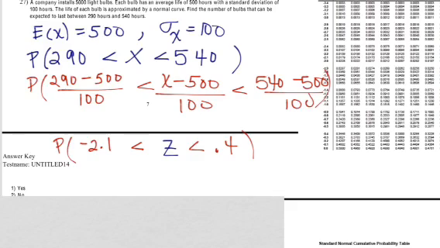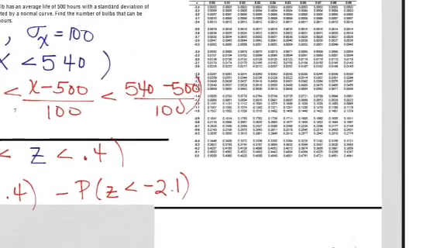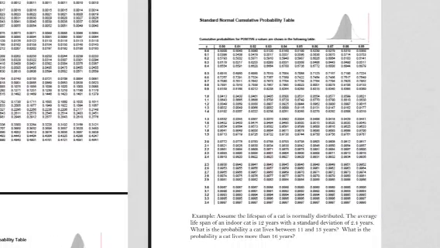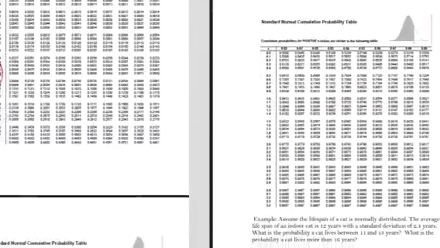Now, I hope you remember from the beginning that when you are finding the probability of being between two values, you do the probability of being less than the upper bound minus the probability of being less than the lower bound. So now I have to find 0.4 on the outside of the table, because now I'm being given my z value. This is the z value, and the probability is what is in the table. So positive 0.4, 0.40 specifically, is 0.6554.